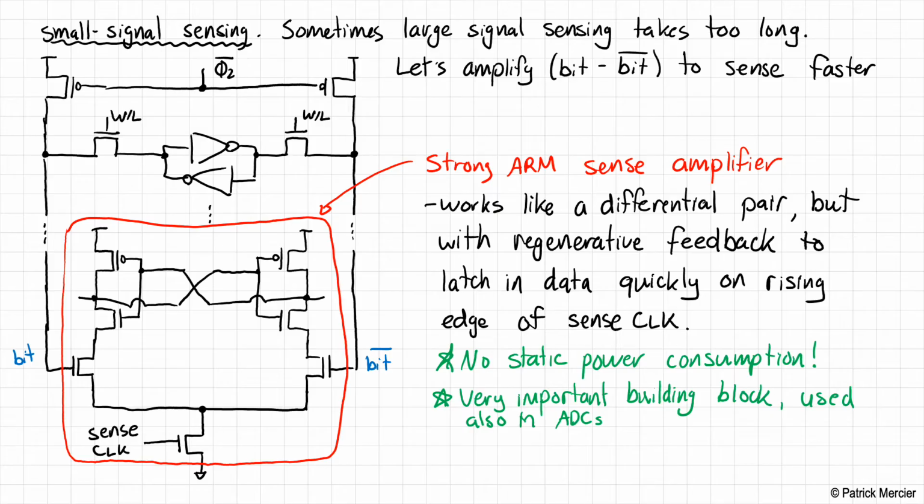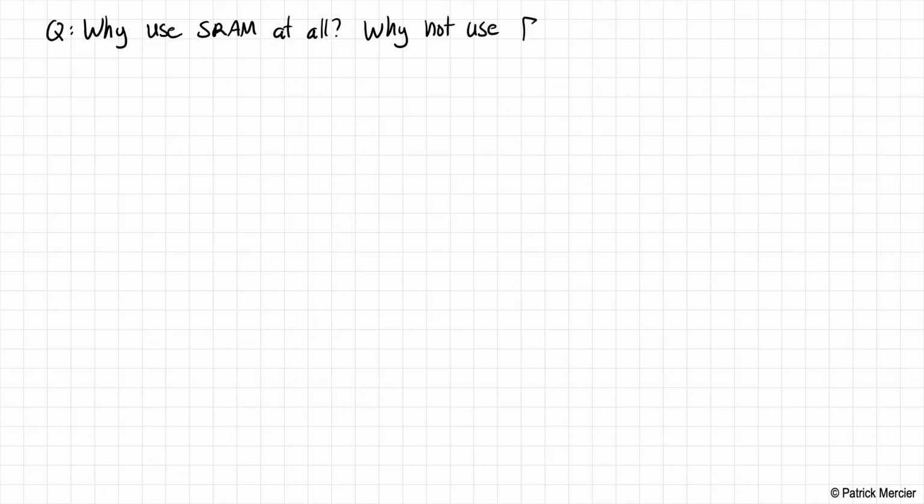Okay. So I have one final question before we move on to the next topic. So we spent all this time talking about SRAM, but we have to do this weird small signal sensing and so on. So my question is, why use SRAM at all? We studied flip-flops. Why not use flip-flops instead?